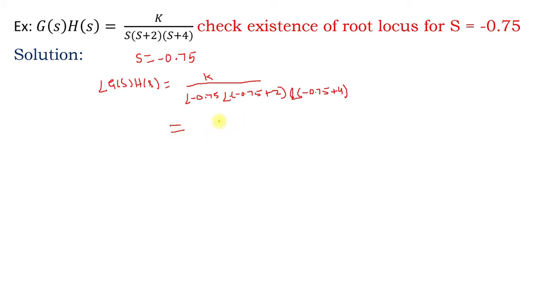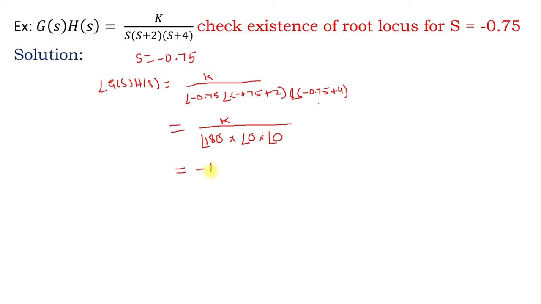The angle of the gain constant, K is constant, divided by minus 0.75. The angle of this one is 180 degrees, into the angle of this one is 0. The angle of the third term is also 0. So now I'm going to bring this term from the denominator to the numerator.